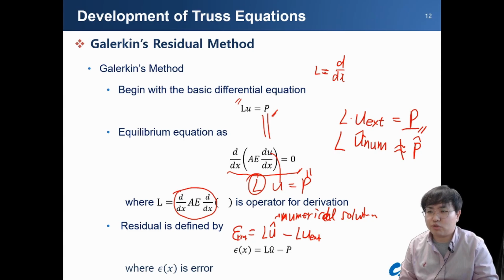A numerical solution always has some error. It is because we only solve and obtain the exact solution at the nodal points. We have some approximation inside the element, so inside the element there will be some error compared to the exact solution. So anyway, we can define this kind of residual first.